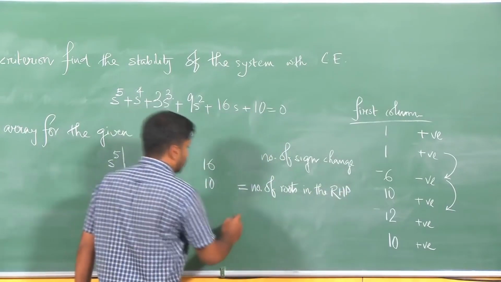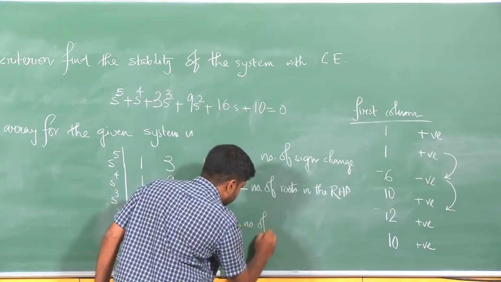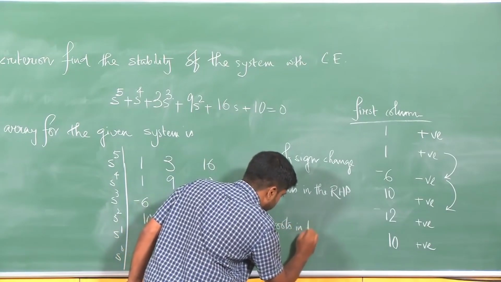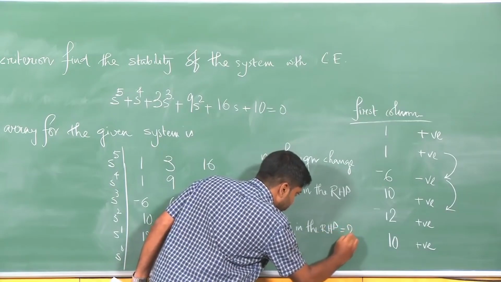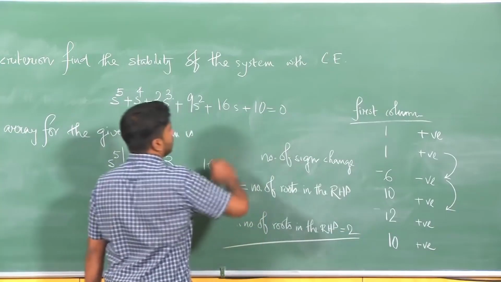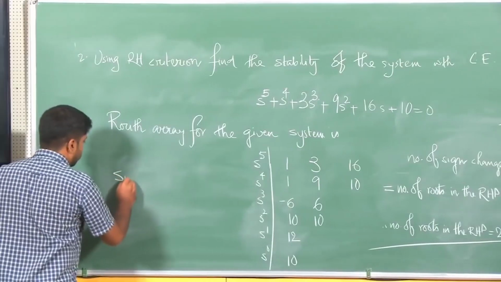Therefore the number of roots in the right half plane is 2, and the system is unstable.